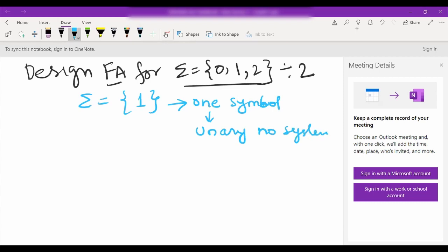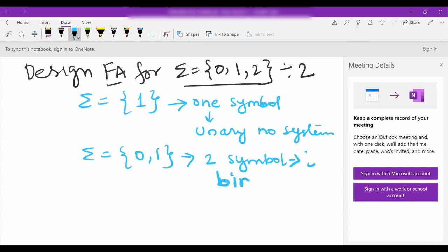Then we have another sigma, which contains 2 bits, 0 and 1. Here we have 2 symbols, which is also called binary, so the number system generated was called the binary number system.